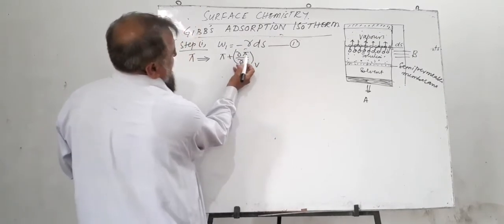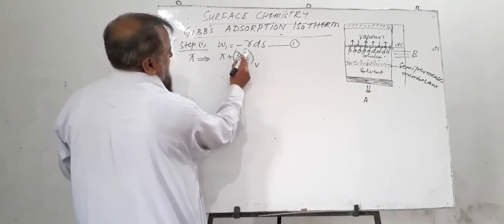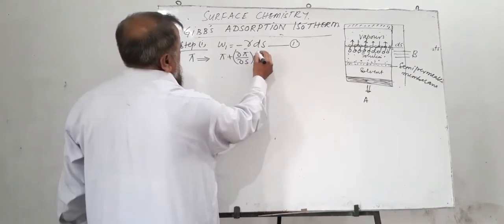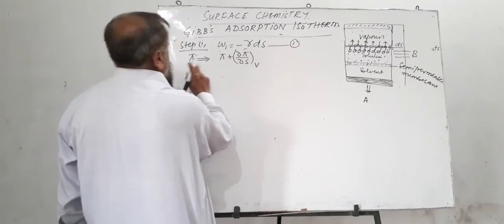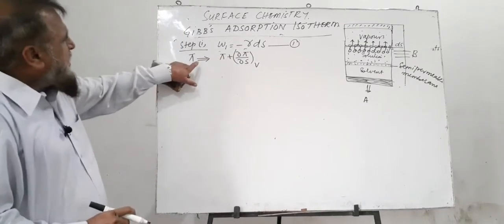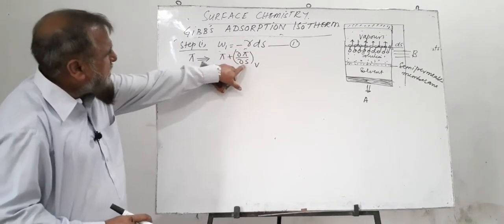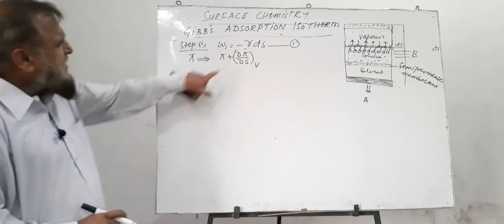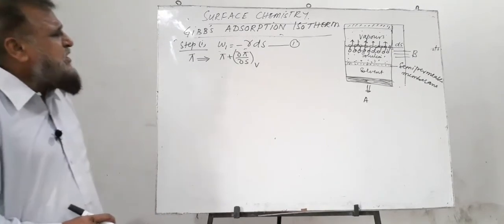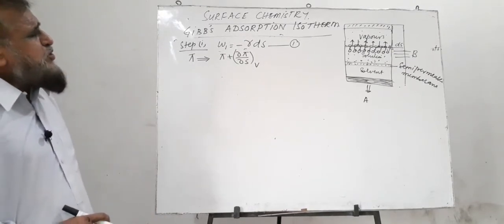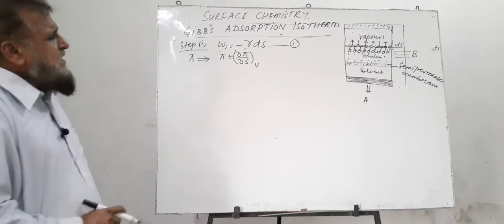It is the change in osmotic pressure with change in surface area, keeping the volume constant. It is the increase in osmotic pressure caused by pushing the piston B in the outward direction.